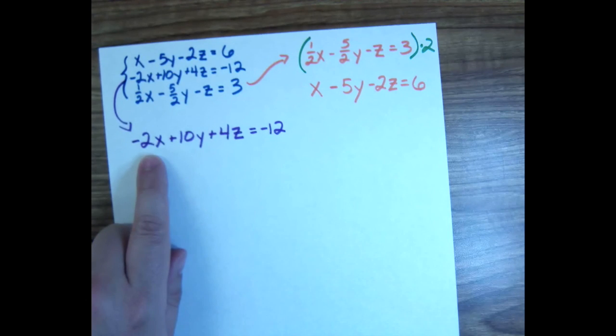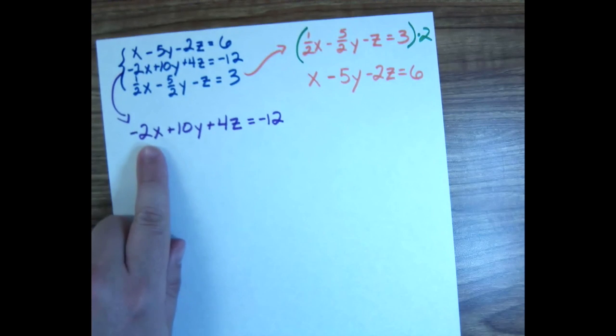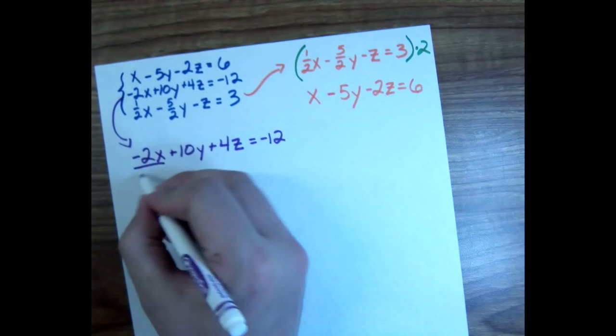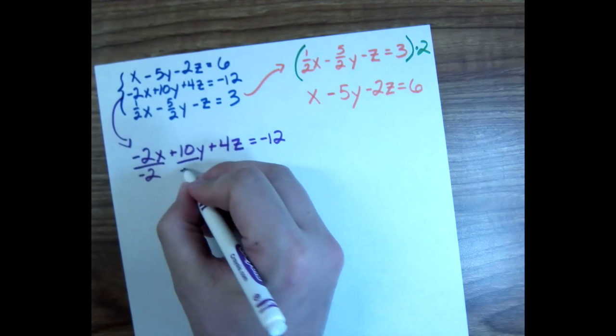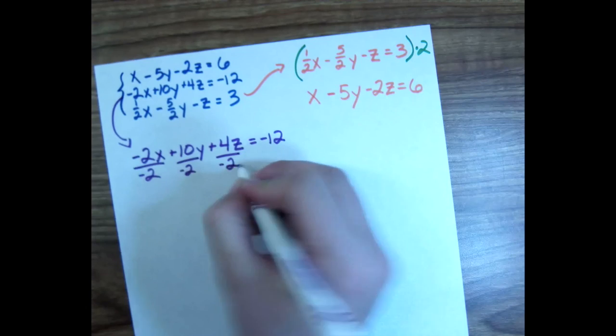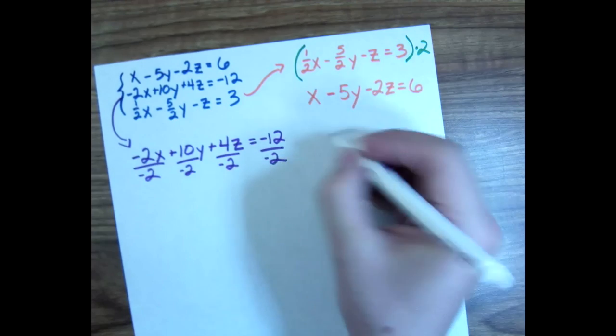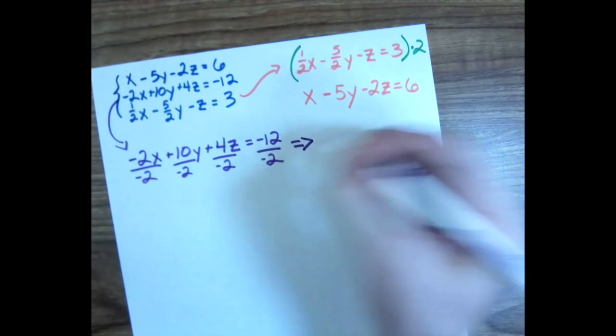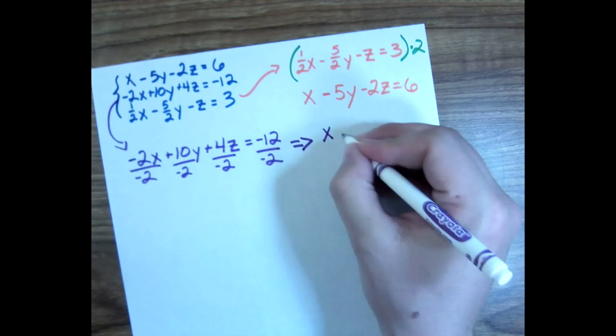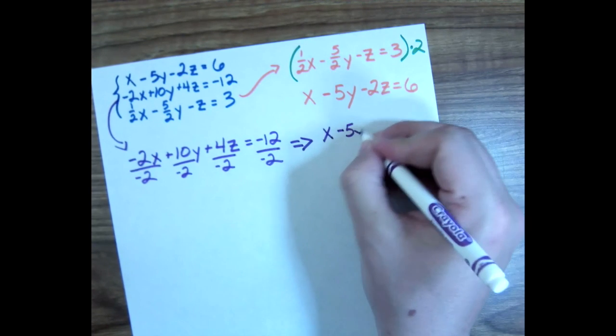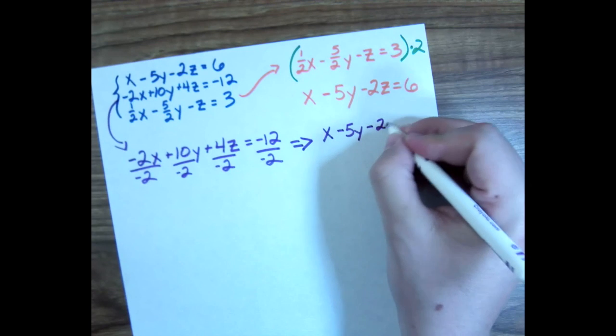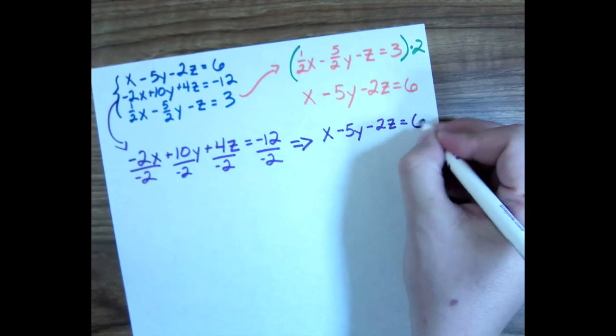Let's divide everything by 2, or negative 2. I like negative 2, because I want to get rid of the negative also. So that's going to give me positive x minus 5y minus 2z equals 6.